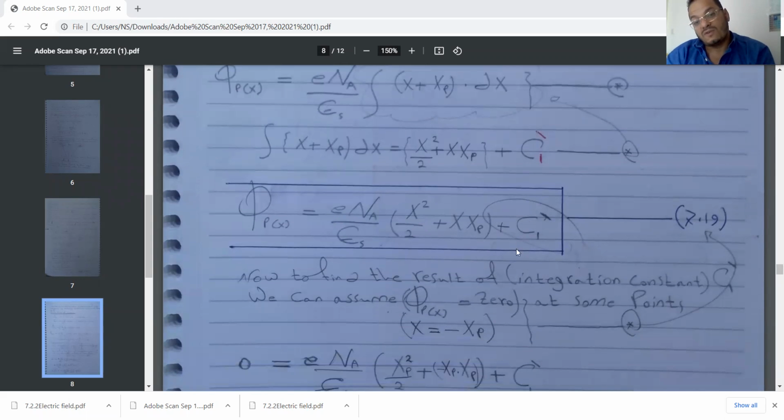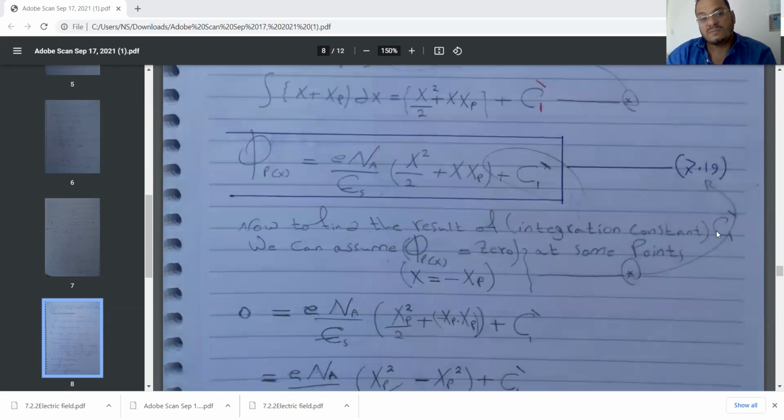Now we must find the integration constant to put this result here and modify equation 7.19. Like I said before, to calculate C1 dash, we will assume we're dealing with potential equal to 0, and x at the P side will equal minus x_p, the width at the P region, like the diagram 7.4.